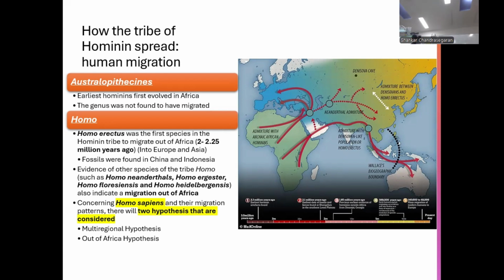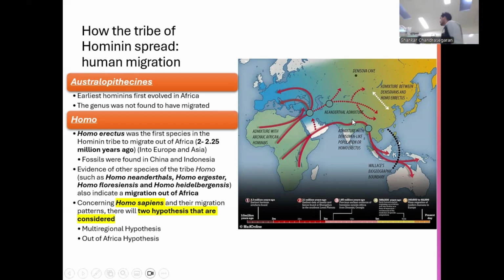Only when we came to our genus of Homo, specifically the species Homo erectus, did we detect evidence that they migrated out of Africa to different regions of the Earth, specifically China and Indonesia, because that's where we found fossils showing the species Homo erectus.